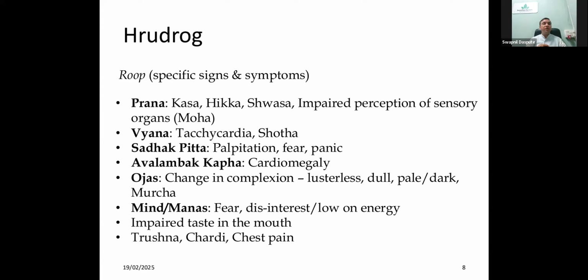Ojas: because of abnormality in ojas, there is change in complexion, lusterless, dull, pale, or dark looking skin. So skin complexion will change in Rudrog when there is vitiation of Ojas. Complexion is the resultant of good or healthy Ojas in the body.